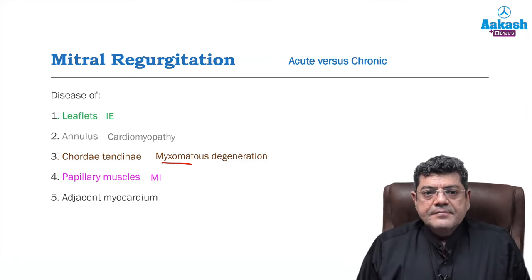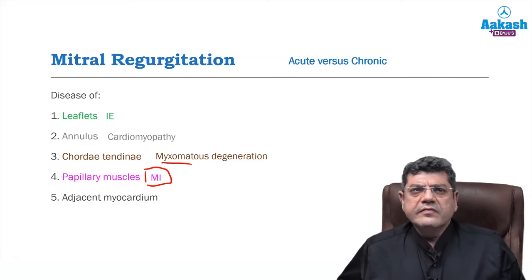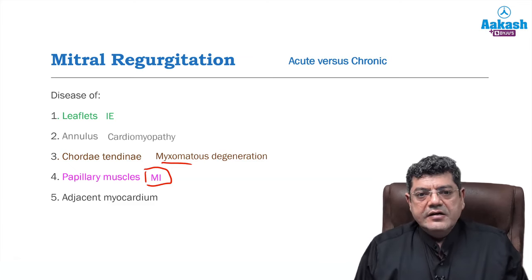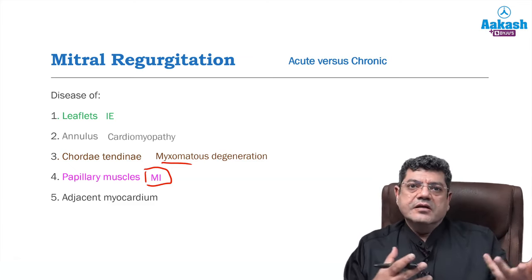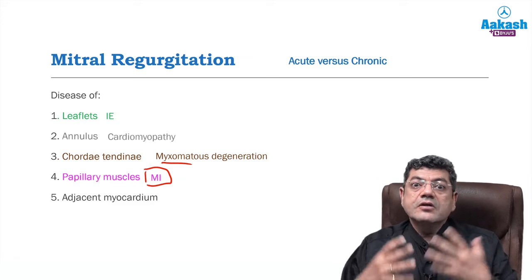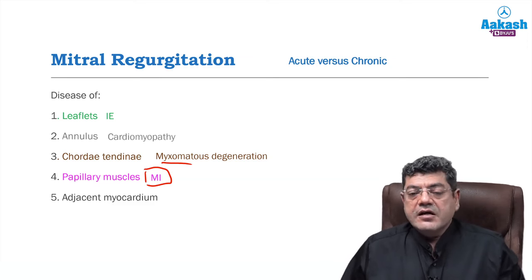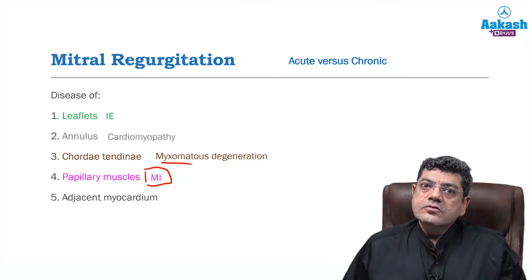Papillary muscles can get affected with either myocardial infarction or even an episode of angina. And we discussed cardiomyopathy like hypertrophic cardiomyopathy or dilated cardiomyopathy as examples of adjacent myocardium leading to mitral regurgitation.